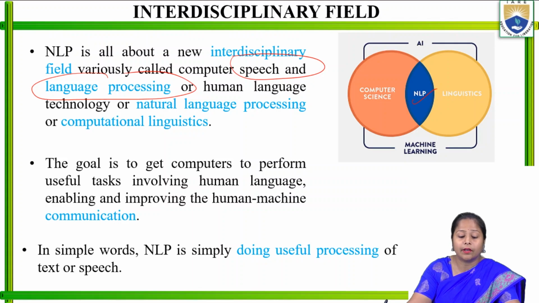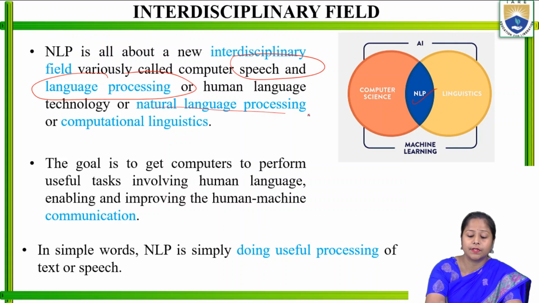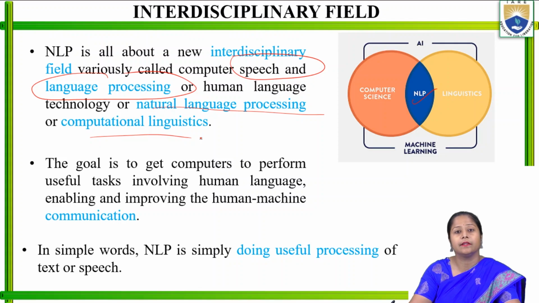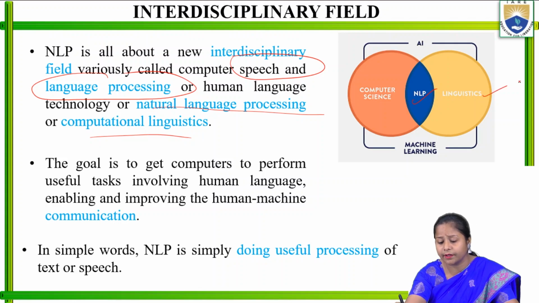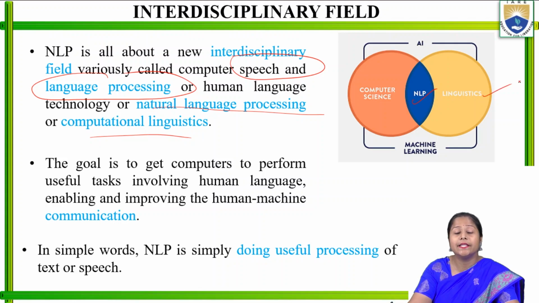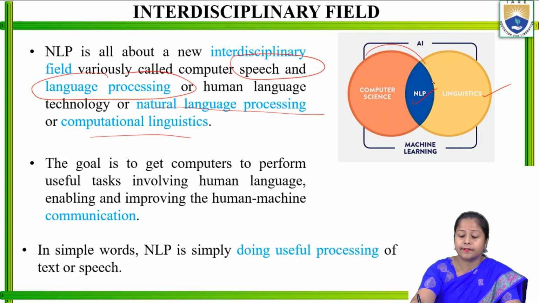We can also call it natural language processing or computational linguistic science. So computer science and linguistic science, with machine learning and AI, is nothing but the NLP field. That is an intersection here.